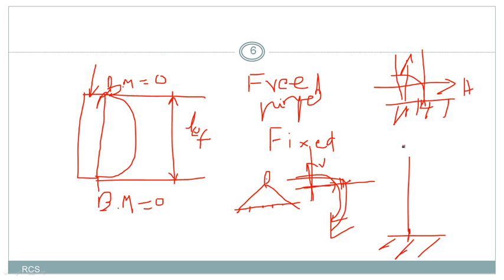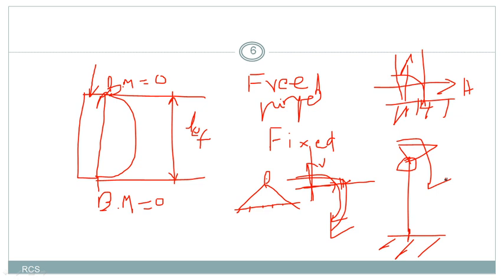And suppose your column is hinged at one particular point on one of the ends. Here it will not move in the horizontal direction, it will not move in the vertical direction, but it has movement in the clockwise or anti-clockwise direction because of the hinged support.